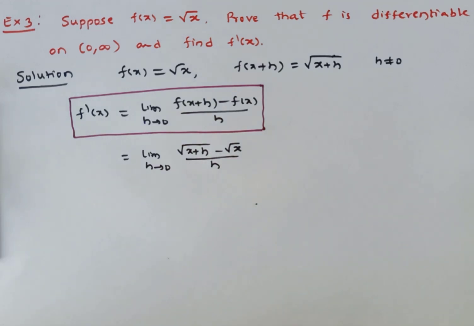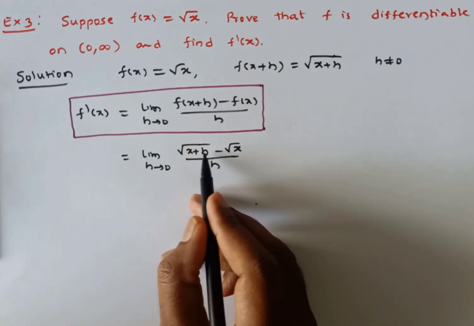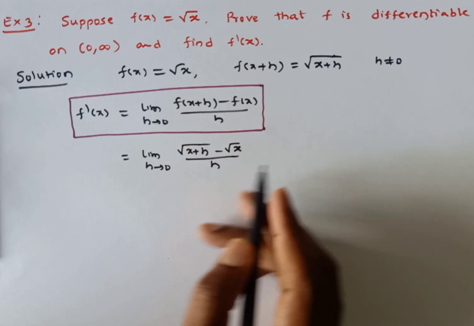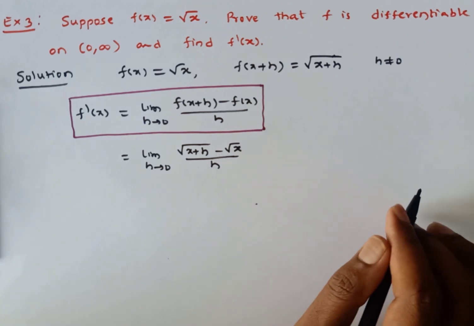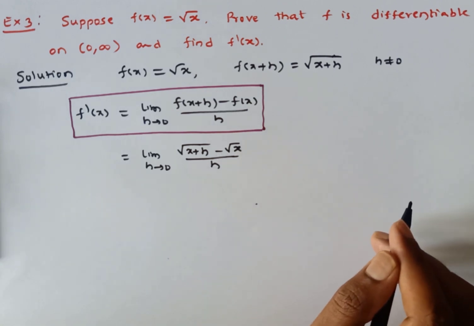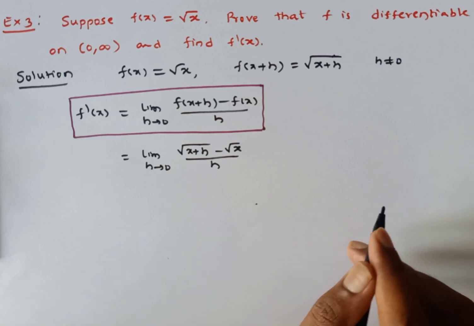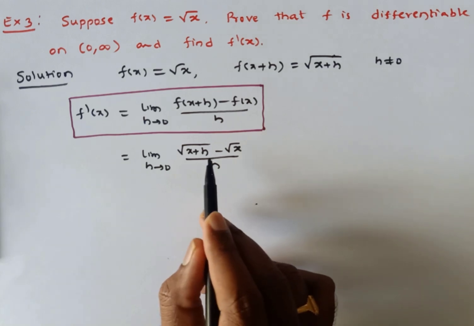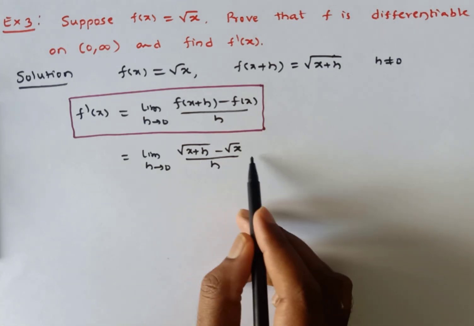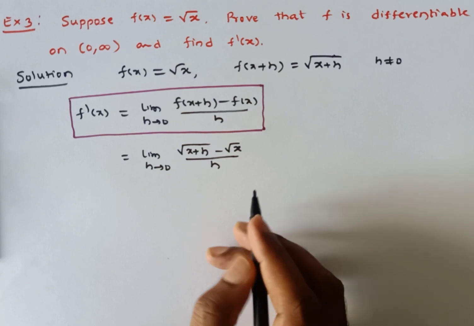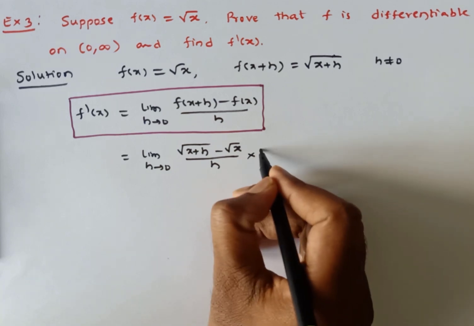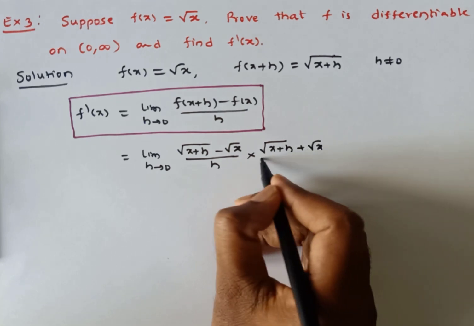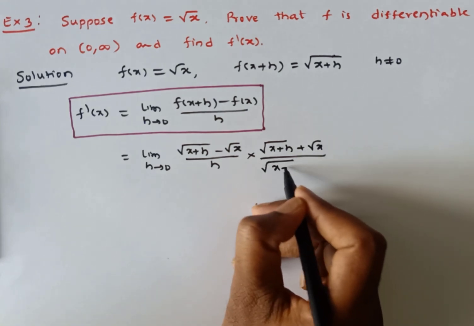Now if you apply the limit directly, as h goes to 0, it is root x minus root x by h, which is 0 by 0, an indeterminate form. If the limit is in indeterminate form, you know how to evaluate, right? The numerator contains radicals, so we need to rationalize the numerator: multiply by root of x plus h plus root x over the same root of x plus h plus root x.